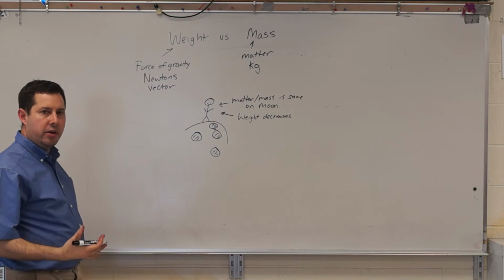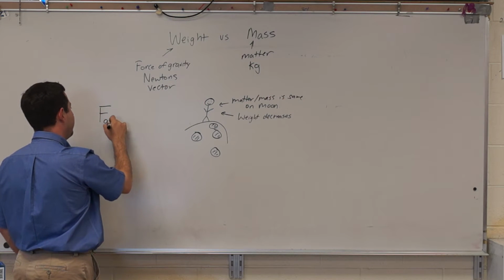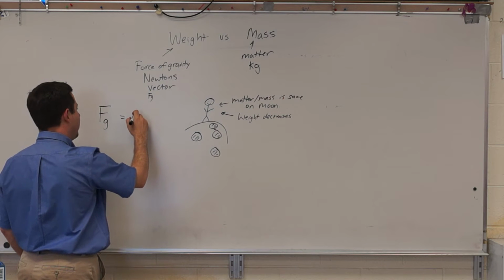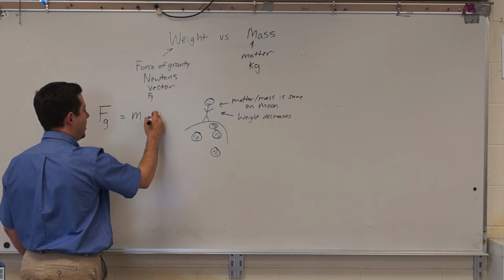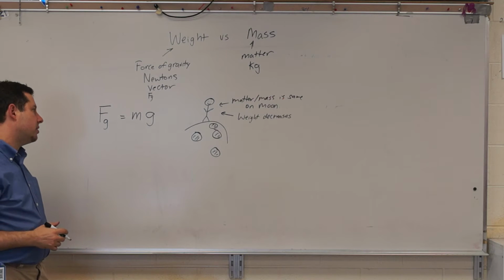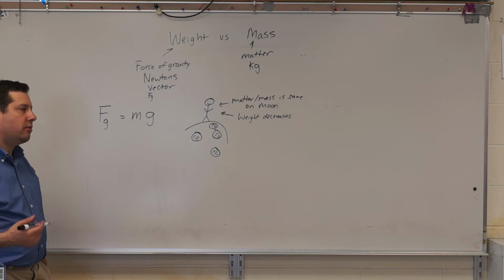Now here on Earth we have a pretty easy conversion from weight, which is the force of gravity, F sub g, to mass. And that is F sub g, your force of gravity, equals the amount of mass times g, where g is a constant. It means the magnitude of the acceleration due to gravity here on Earth.